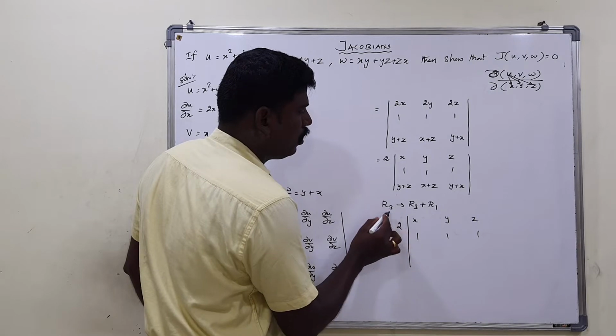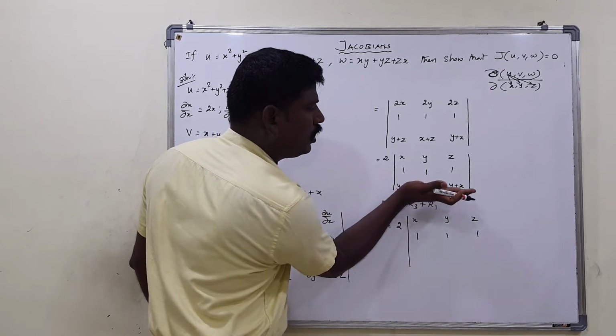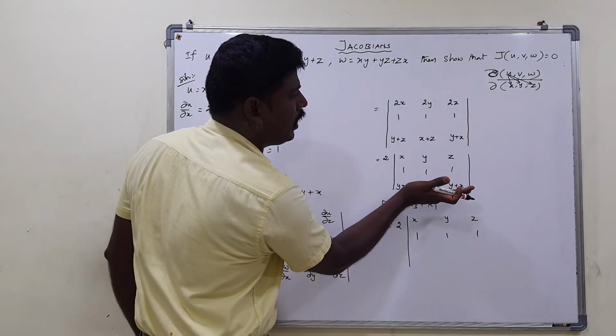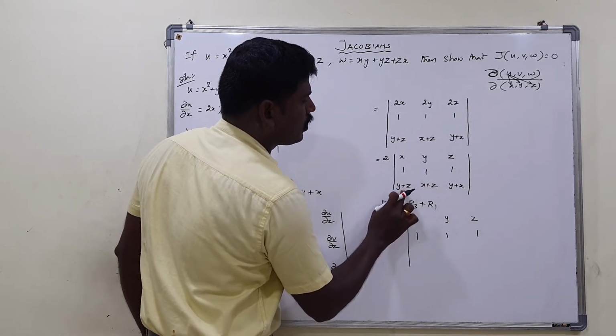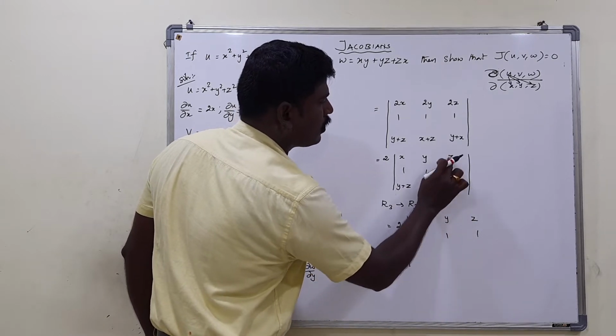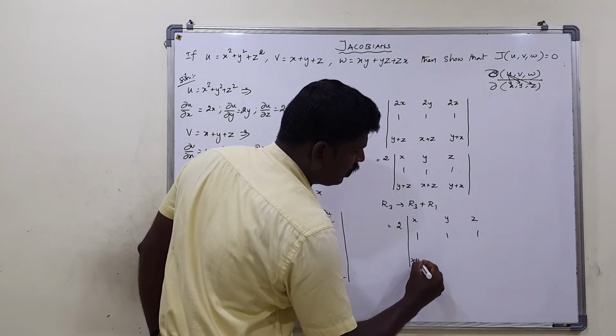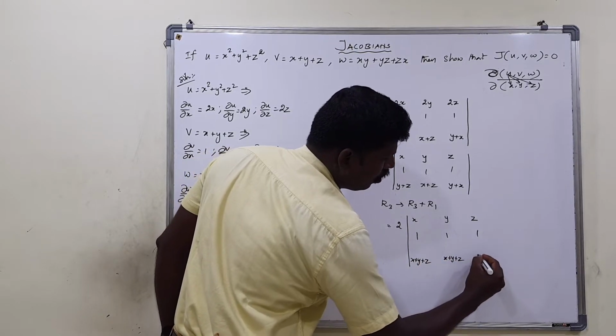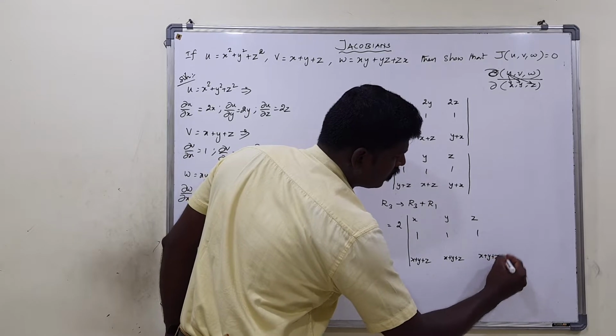Now R3 becomes R3 plus R1. This is R3, this is R1. Add both of the two, that means corresponding entries should be added. So x plus y plus z, x plus y plus z, x plus y plus z. So the entire row becomes x plus y plus z. That's all.